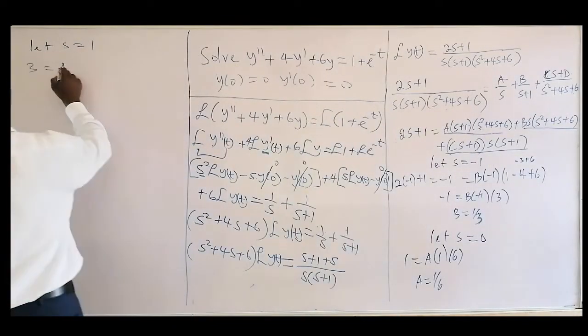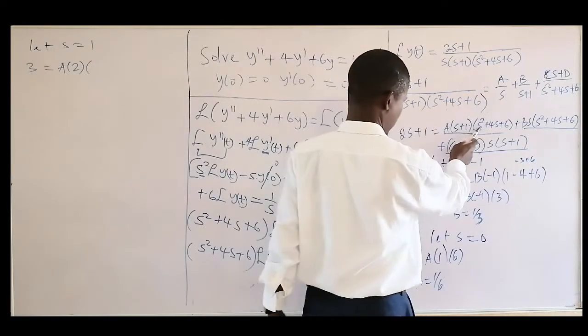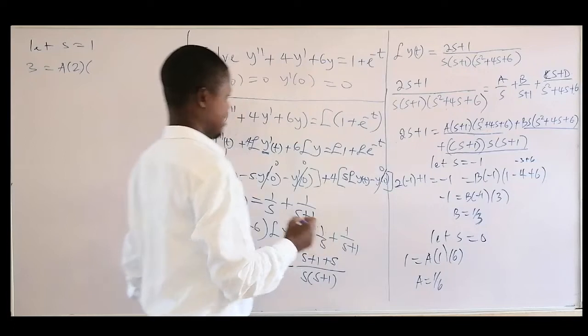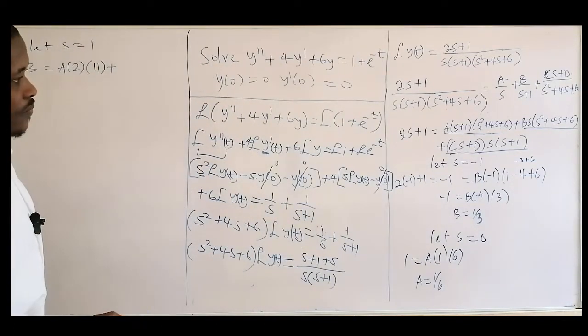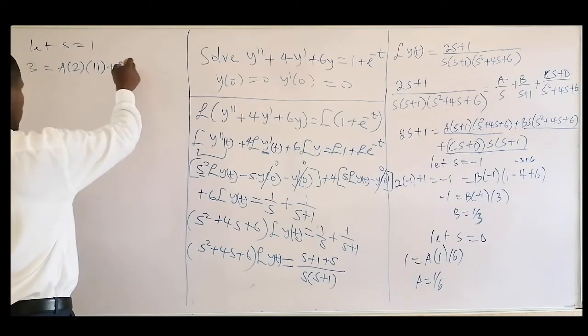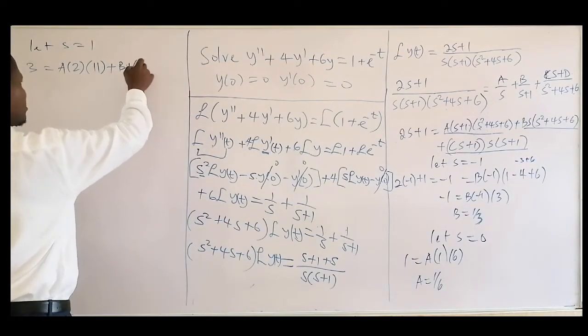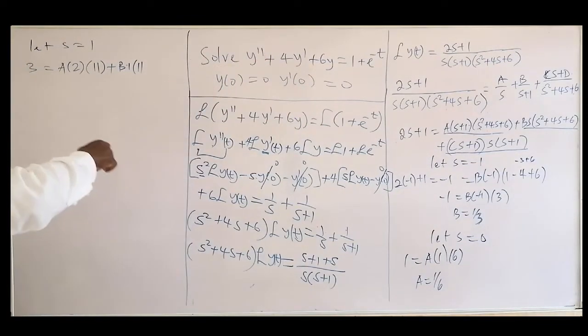That's a, 2 into bracket. If you substitute 1 here, 1 plus 4 plus 6, that's 11. Plus the b, that will be b times 1 times 11. The quadratic expression, put 1 there, that's 11.